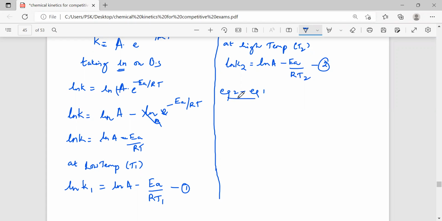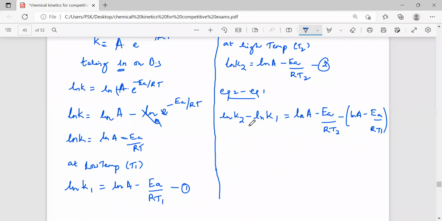So when you subtract equation 1 from equation 2, we can write natural log of K2 minus natural log of K1 will be equal to natural log of A minus EA by RT2, minus of natural log of A minus EA by RT1.